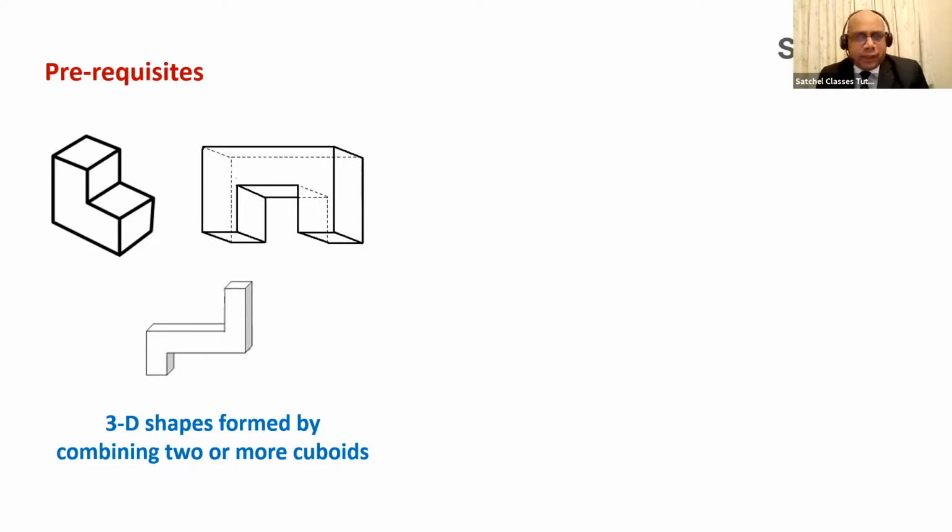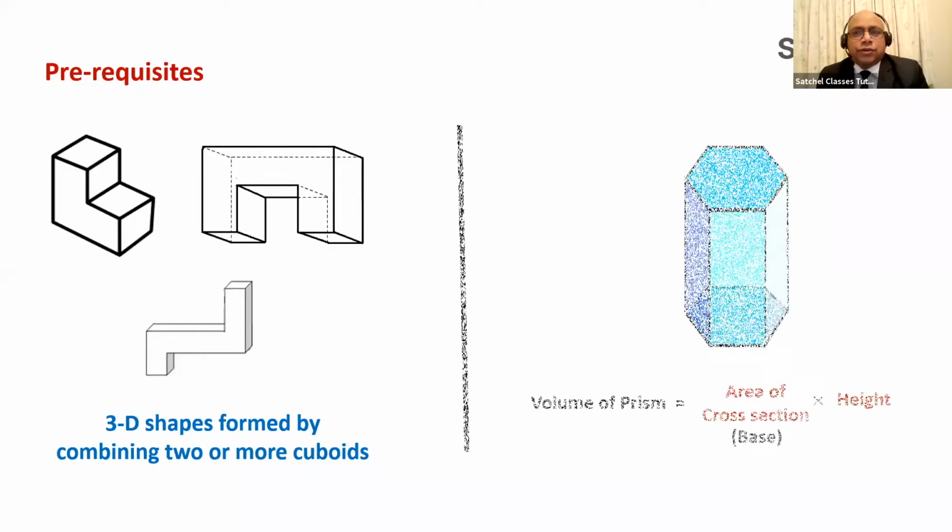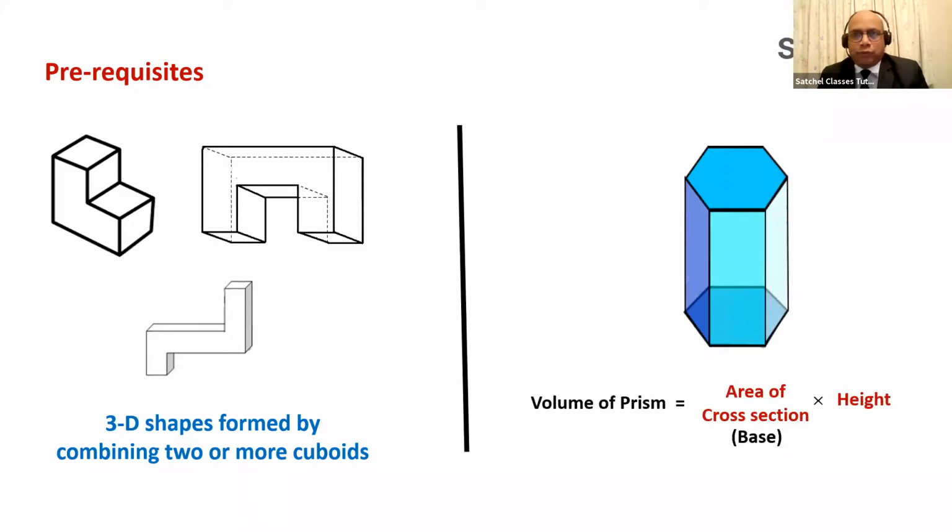The second prerequisite is that you should know how to find the volume of a prism. This has been covered in one of the lessons prior to this. As you know, prisms are 3D shapes which have the same cross section along one dimension, right? In this case, it's a hexagonal prism because the cross section, the hexagon, remains the same throughout the height of the prism. And how do you find the volume of any prism?